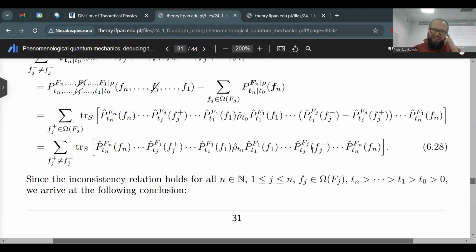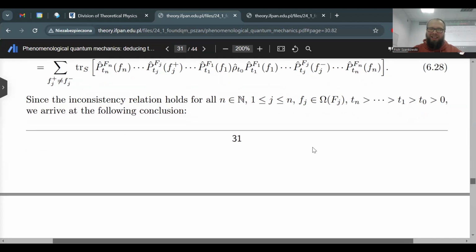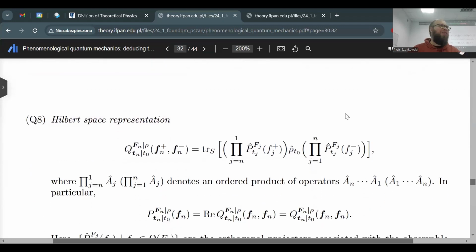So it's easy to conclude from that the full representation for bi-probability is a trace. You get a sequence of projectors on the left side of rho and on the right side of rho, but the difference is that on the left side you can take this sequence of arguments, and on the right side you can take the second sequence of arguments.